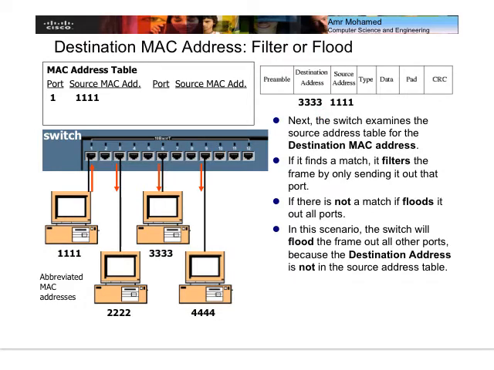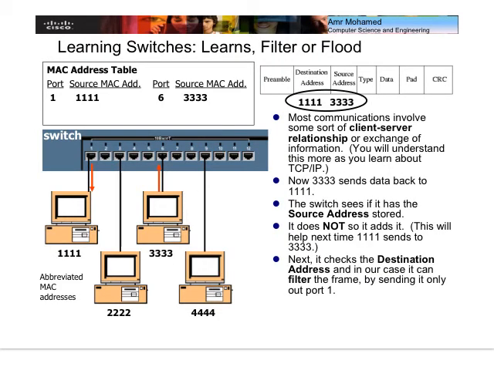So this will probably trigger a feedback or acknowledgement or a response from HTTP that will come back from this node to this node. It will have a destination address of 1111 and a source address of 3333.